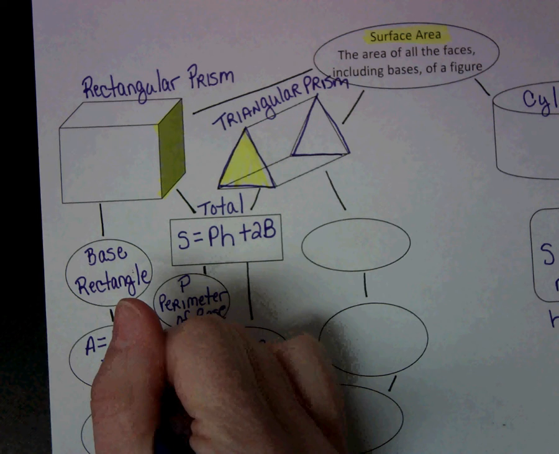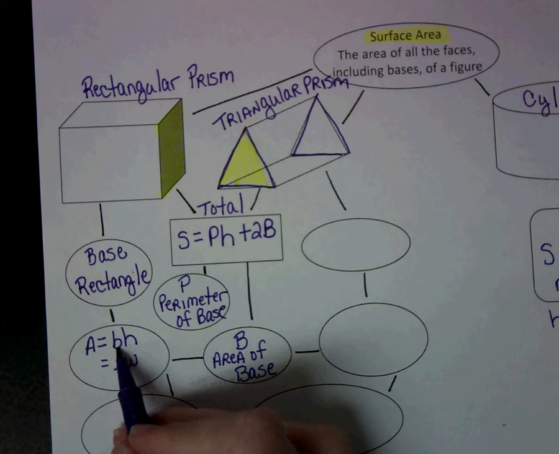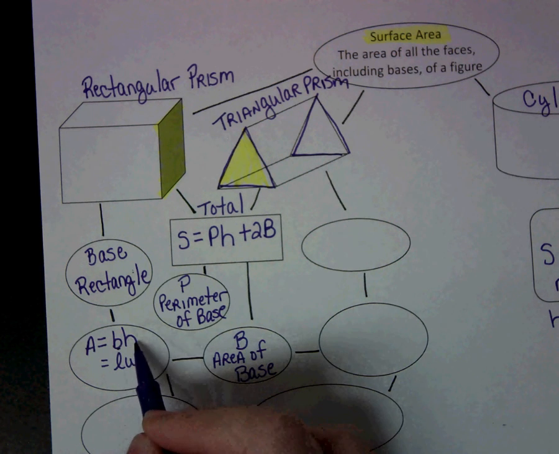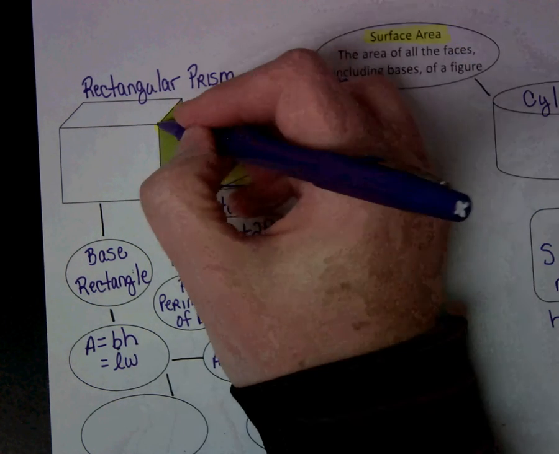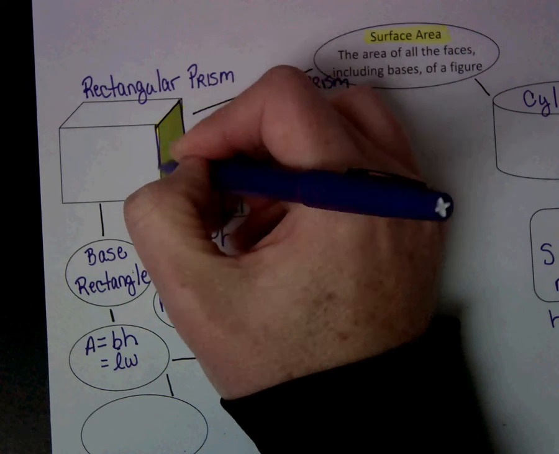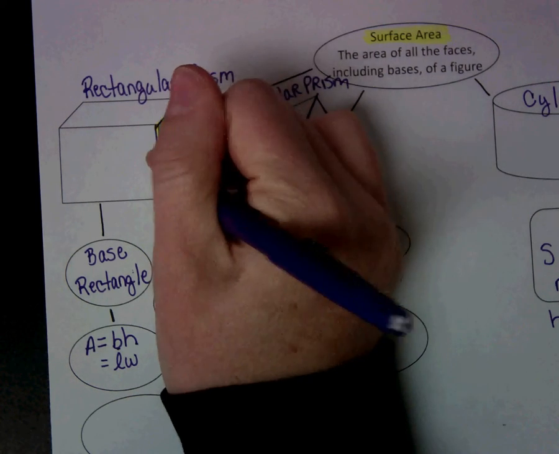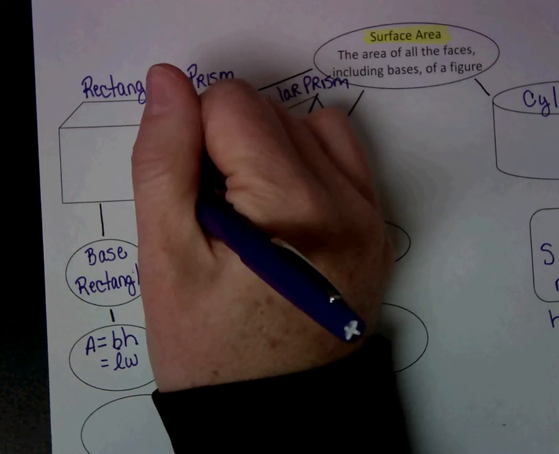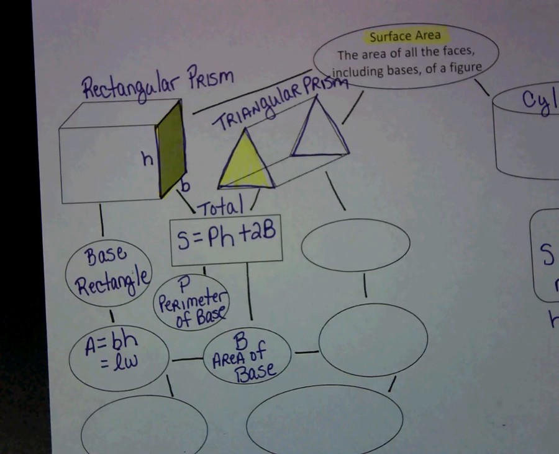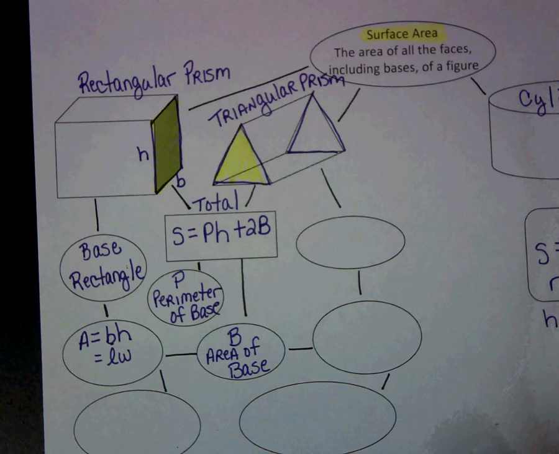Another way to think about that is length times width. But what's important to remember is this stands for the base measurement of the rectangle and the height of the rectangle. So we would only be looking at our base. And so this might be our little b, and this would be our h. I probably should have mentioned too that this will come back down.